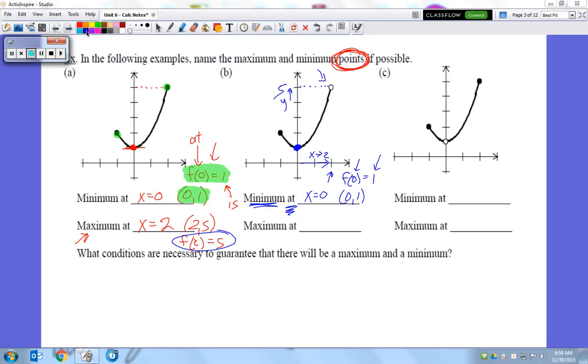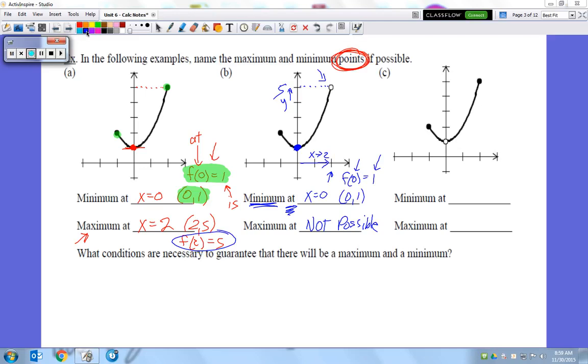But because it actually never hits it, and it's not closed, it's open, we cannot say that it would be 5. So this would be not possible.